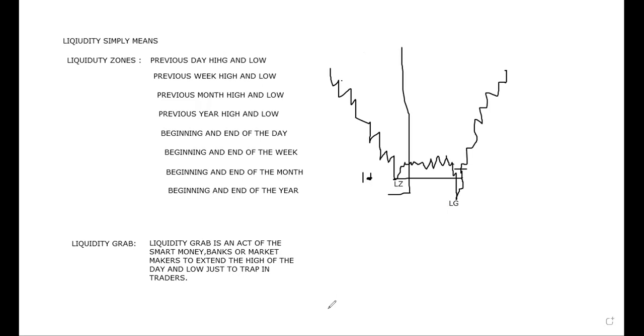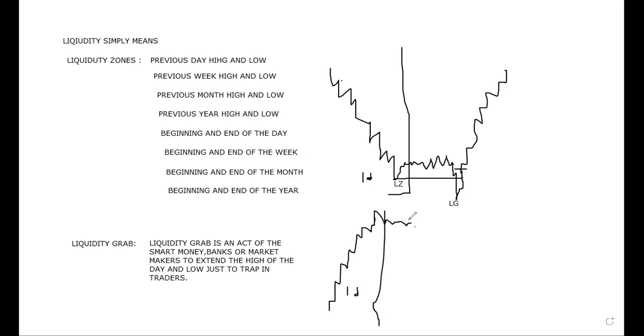Let's assume the market is giving us a higher high, a higher high. It is moving up and moving up. Then let's assume this is 1 day. Then we begin to see something like this, and the market begins to give something like this, playing around this area.